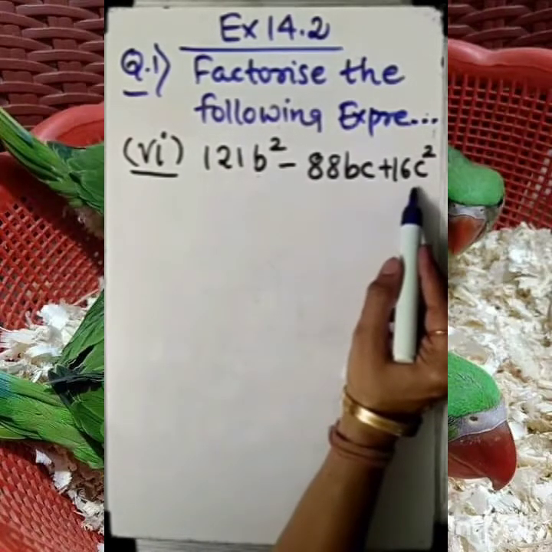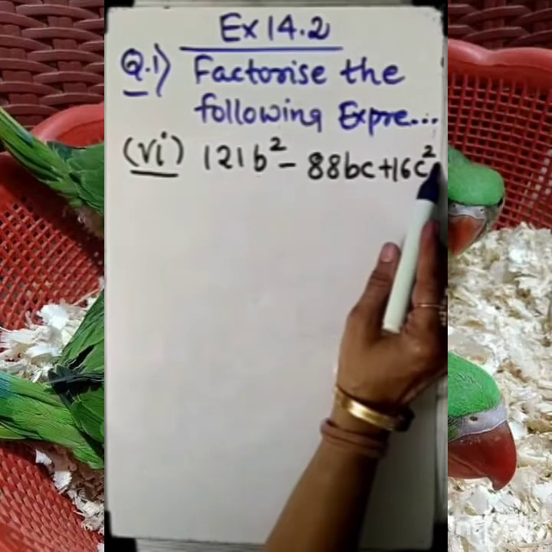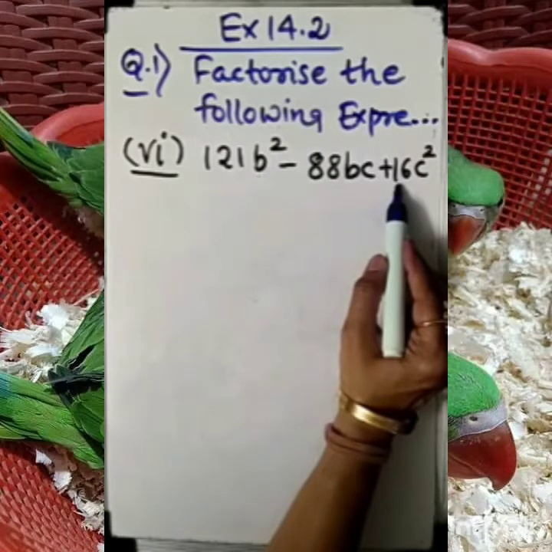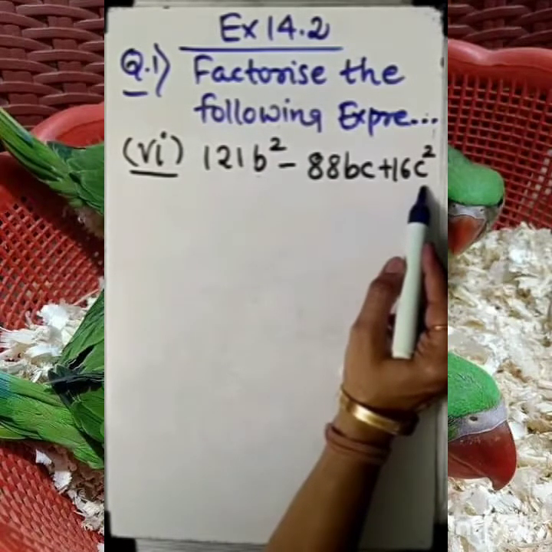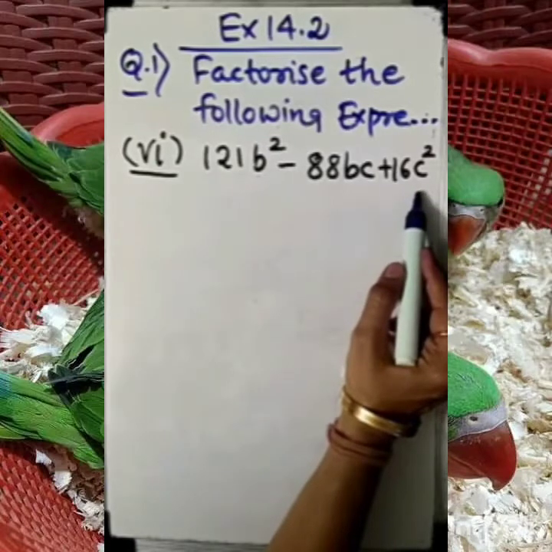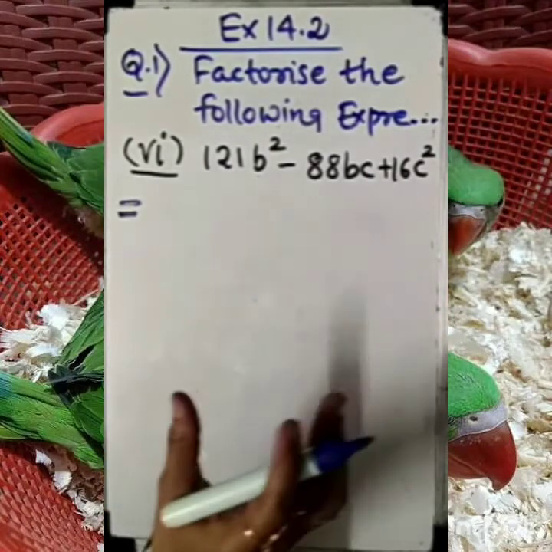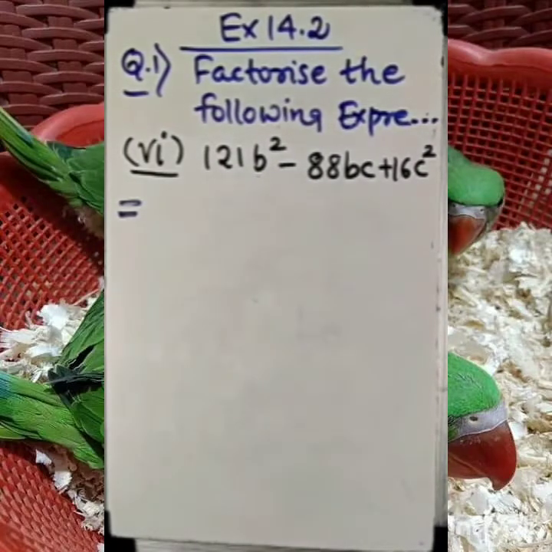Let's come to the last term. Let's check. 16c square. Is it a perfect square? Yes. 16 is a perfect square of 4, and c square is a perfect square of c. So it is 4c. So my dear student, the first term and the last term both are perfect squares. And because of this minus sign, we need to apply the second identity here.